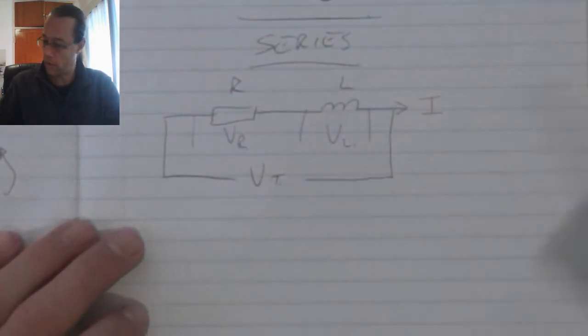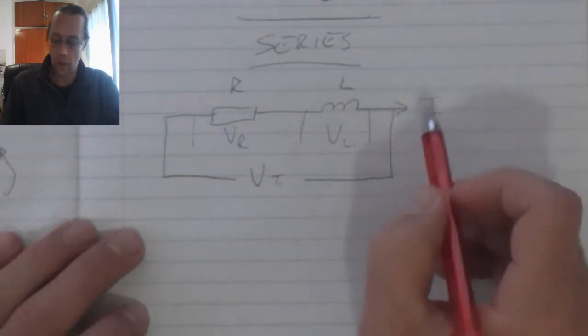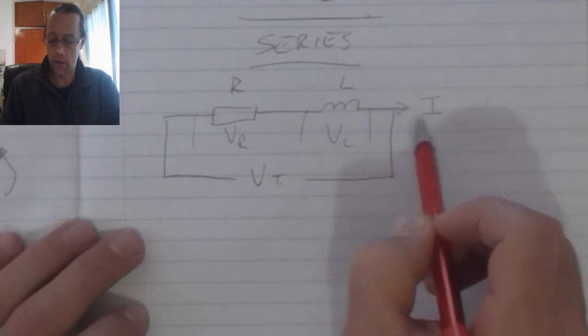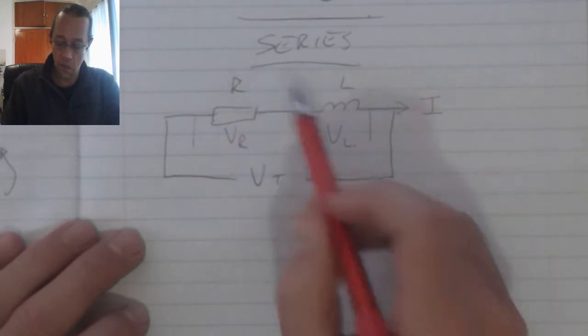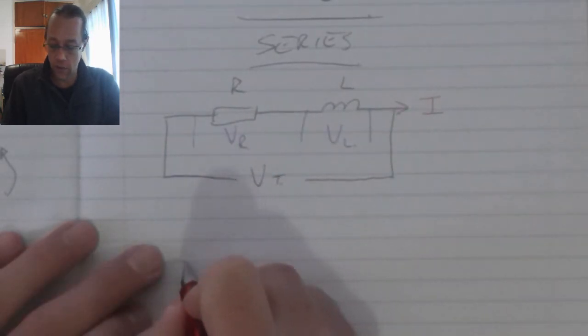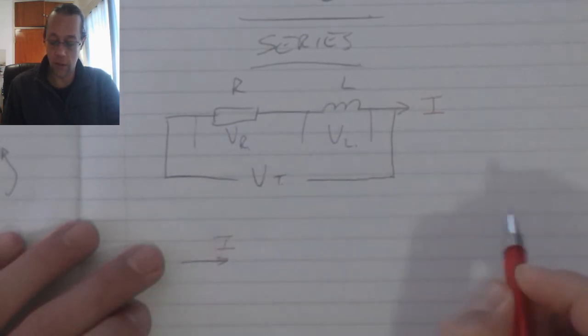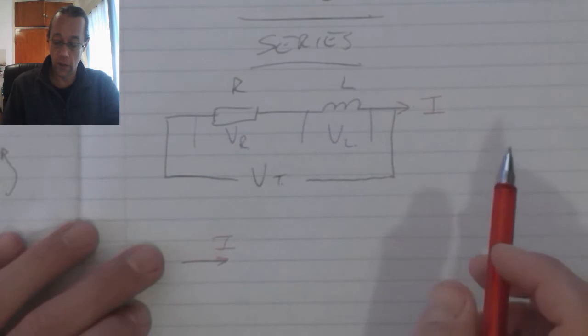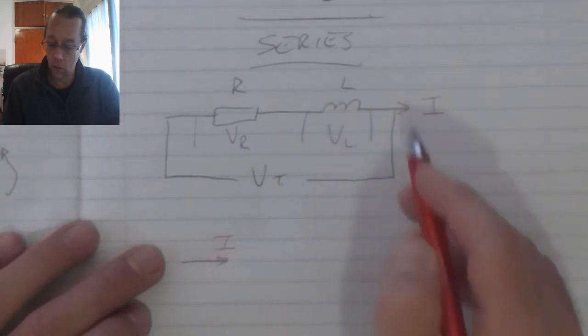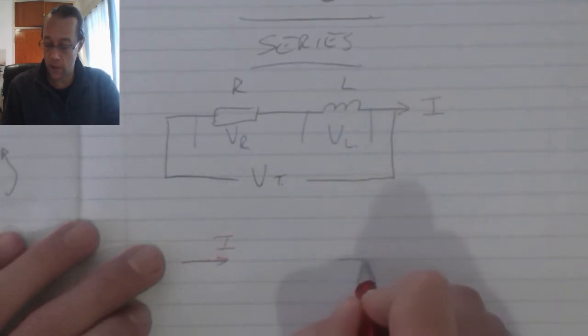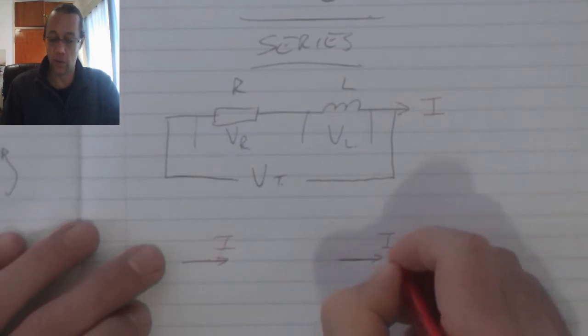My resistor, because it's series, current is my reference, so my resistor will allow a current flow through it, and the inductor will also allow that same amount of current to flow through it.